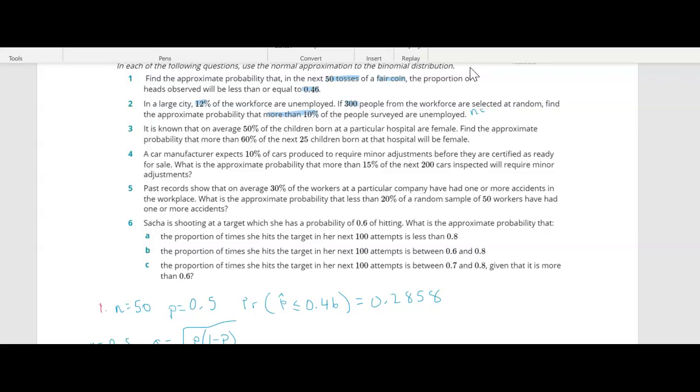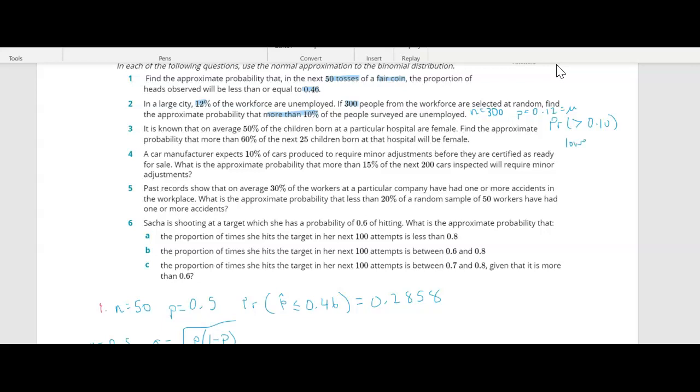So N is 300, P equals 0.12. You do need to then find the standard deviation, and remember that P is also your mean. And we want to find the probability more than 10%. Now remember, with normal distribution, it doesn't matter which inequality sign you use, but I probably should use the correct one.